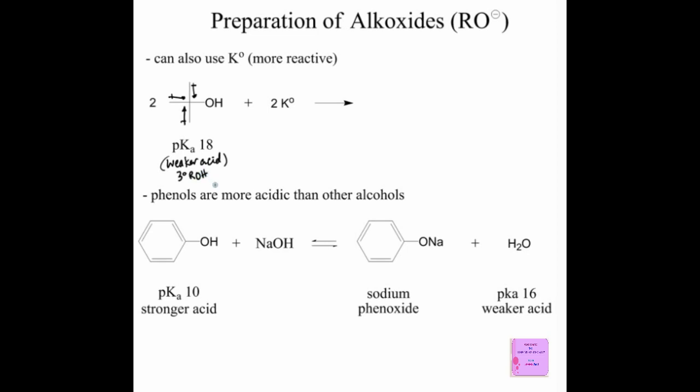Those are in general weaker acids and less willing to give up a proton than a primary or secondary, because these alkyl groups are all electron donating, so that's not a good thing. If you want to be forming an O- here, that would be destabilized by those alkyl groups donating electron density. So this would be a very, very slow reaction if we use sodium metal or even lithium metal, but if you use potassium metal, that's going to be strong enough to do this redox reaction.